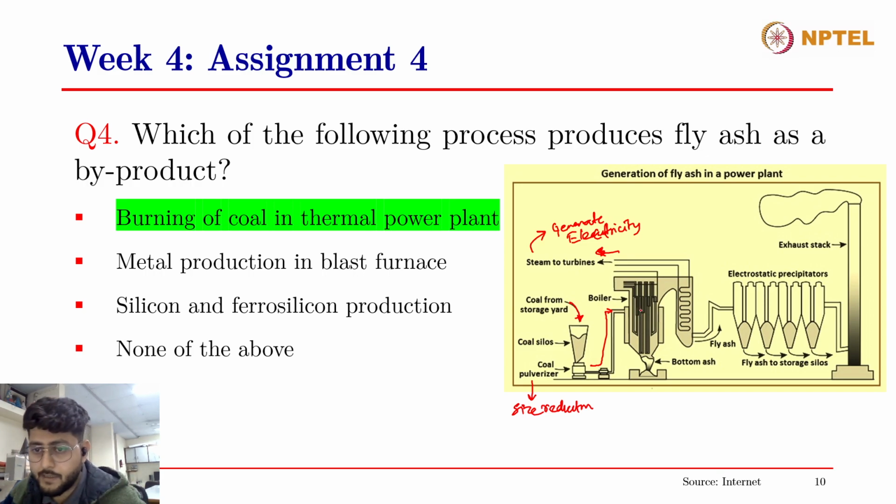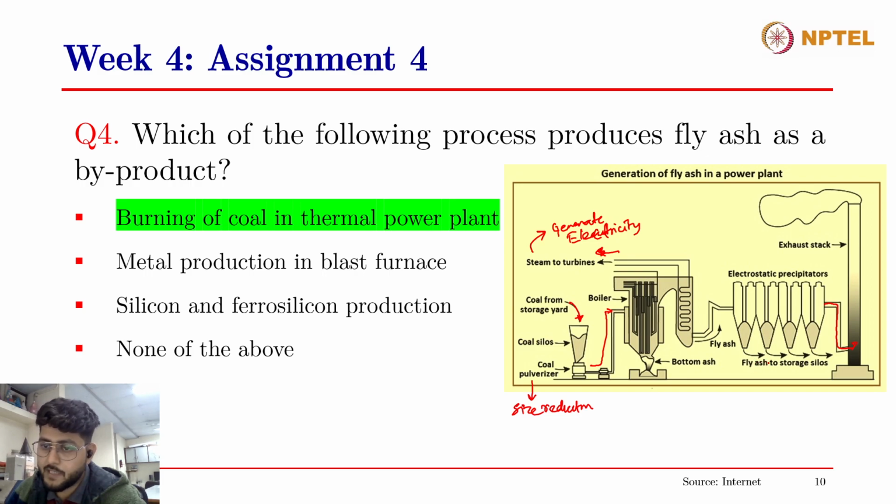On the other hand, the gaseous fumes generated in this furnace go into these electrostatic precipitators, and these precipitators precipitate out the fly ash from these fumes, and finally the fumes are released into the chimney.